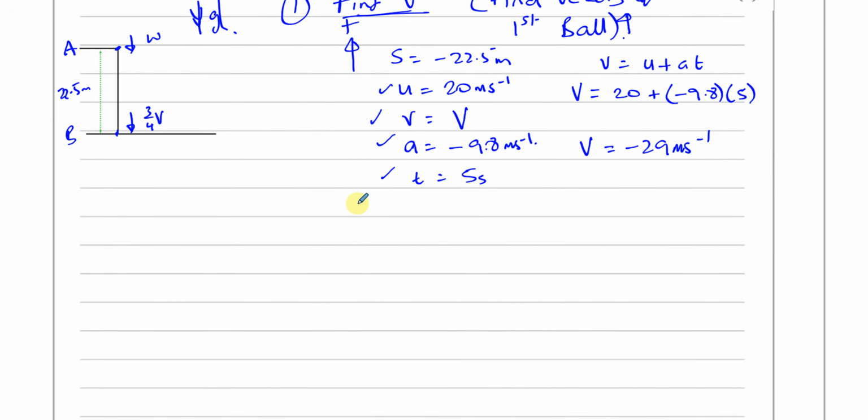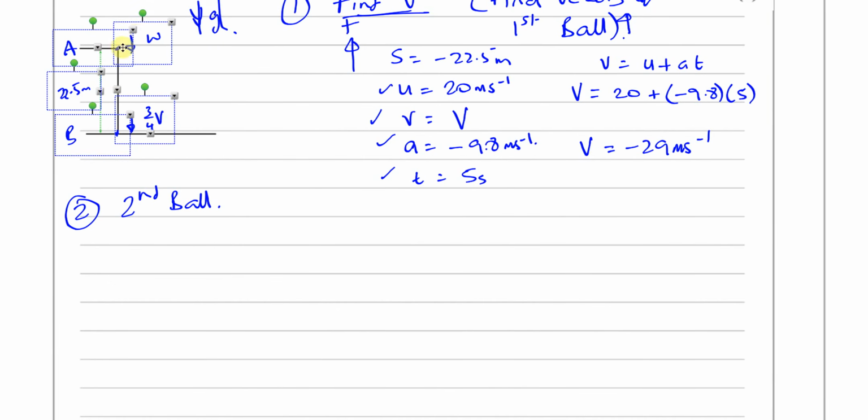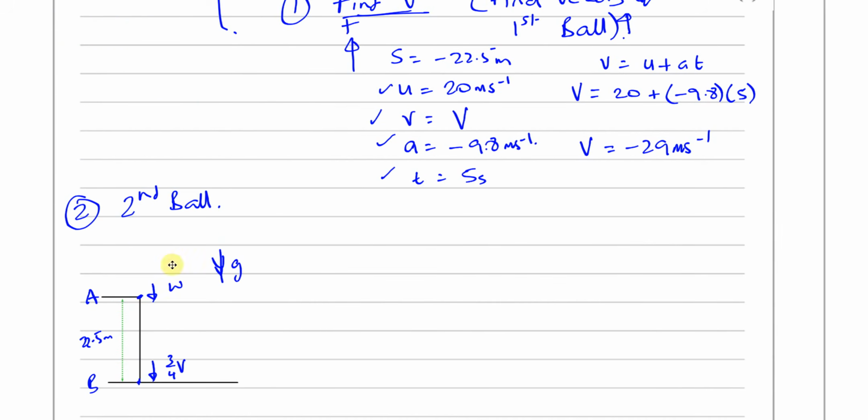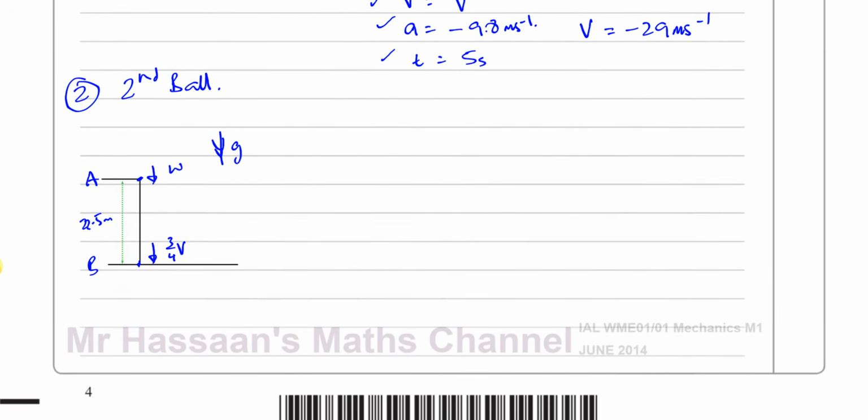Now what we need to do is look at situation 2, which is the second ball, which is this situation here. So let me take this and bring it down here. That's better. Now we're dealing with the second situation.